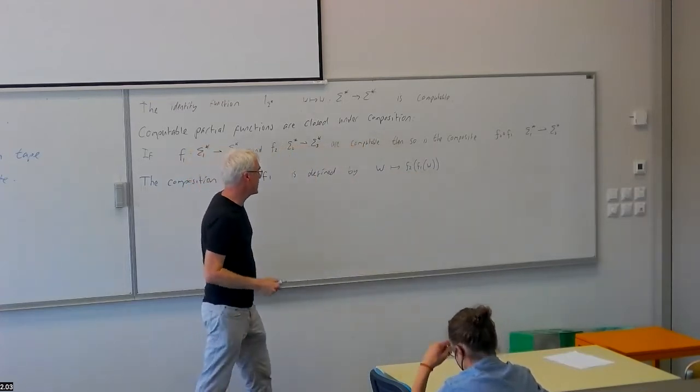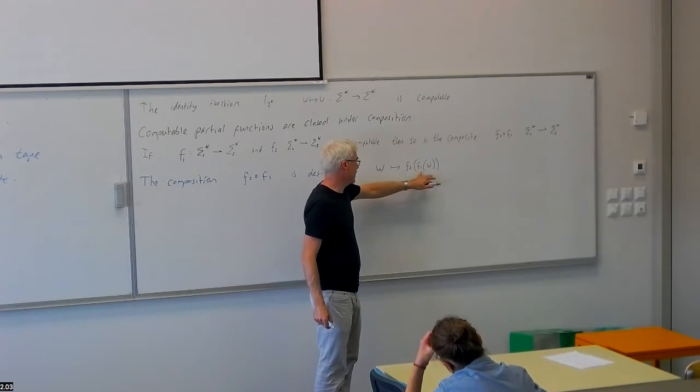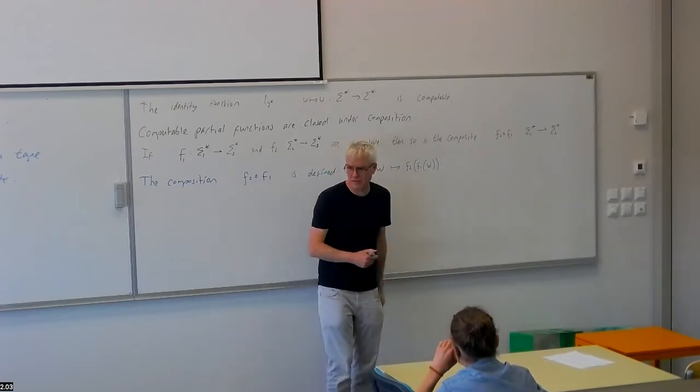But the thing you have to be careful about is we've got partiality here. So what happens if f1 of w is undefined? Is it possible for the whole composite to be defined?